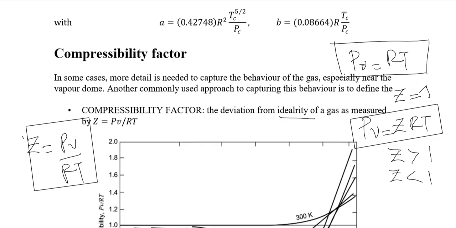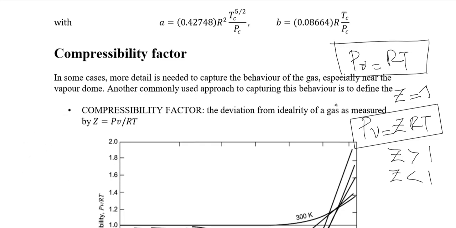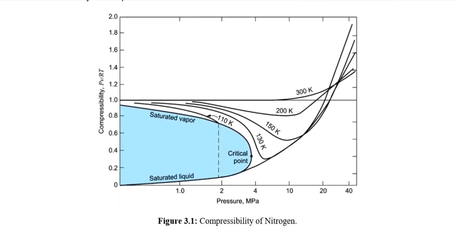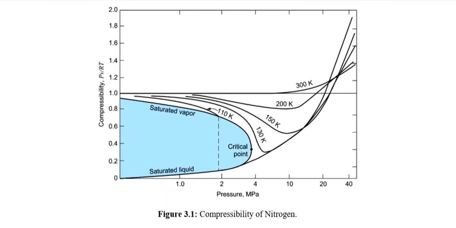We will be looking at the compressibility chart, the nitrogen compressibility chart, to understand this compressibility factor. The graph is plotted between Z, which is equal to PV by RT, and pressure is changing from this direction. This is the compressibility chart of nitrogen.